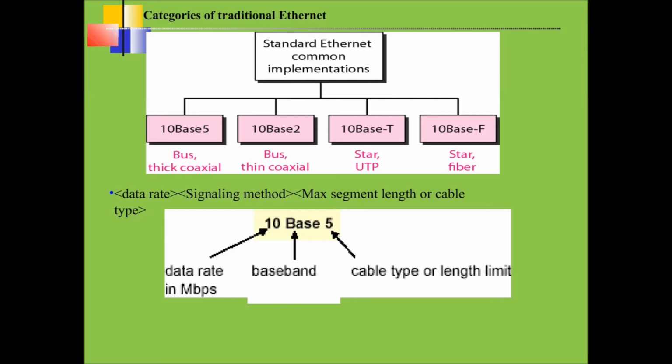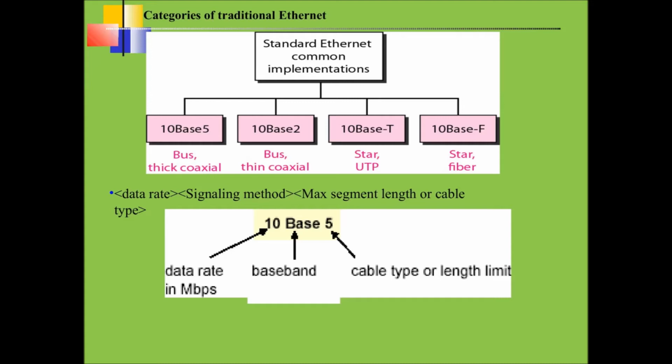What is basically 10? What is base? What is 5? So 10 is the data rate. Data rate means data transmission speed, so in megabits per second. What is base? This is used for baseband. There are two concepts in networks, baseband and broadband, and base is used for baseband.